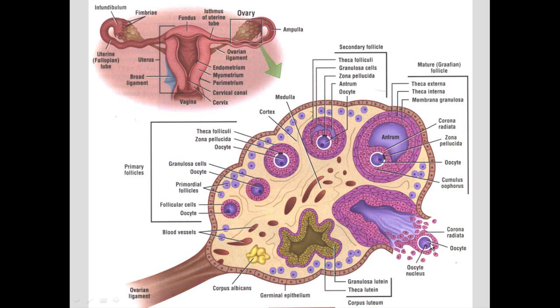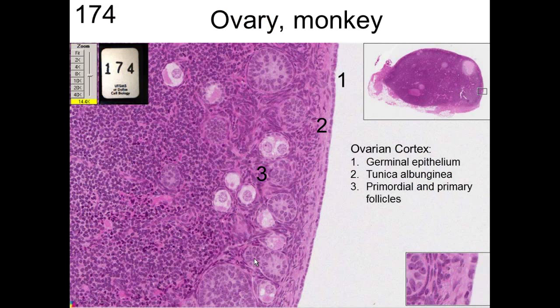When ovulation occurs with the LH surge, then these cells, the granulosa cells, become the granulosa lutein cells, and the theca interna cells become the theca lutein cells, and then if the corpus luteum regresses, it becomes a corpus albicans.